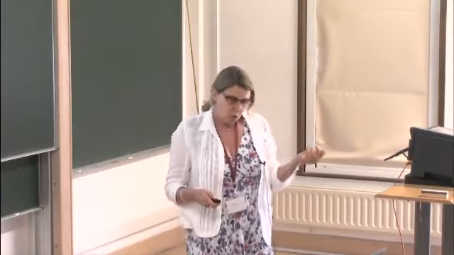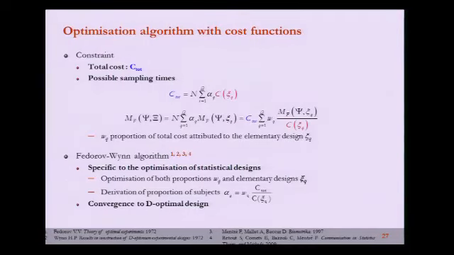To do that, we had to extend the way we implemented the Federov-Wynn algorithm, saying that indeed the total cost will be the number of patients times the cost per patient, so that the Fisher information matrix can be written here as a function of alpha q, but instead of alpha q and N, you can incorporate C tot and wq, where wq is the proportion of the total cost that you give to that elementary design.